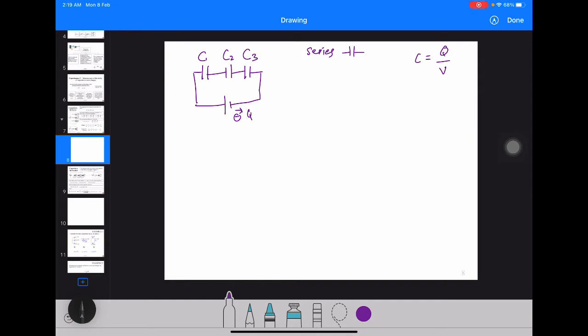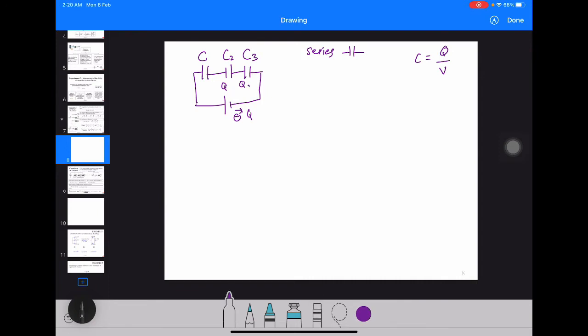So when you have charges moving in this direction, since there's no junction or anything, all the charge will come in over here, and we start to push the charge into the next plate and the next one. So I can label this one as Q1, maybe I can label it the same as the capacitor instead.